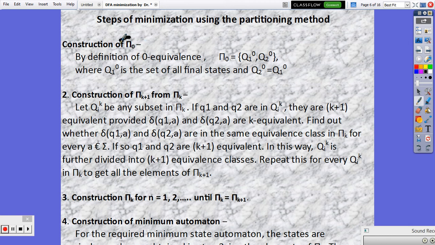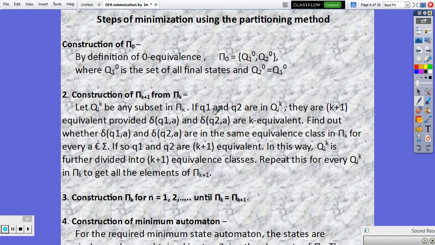This is the basic step, pi 0, and here we will find the 0 equivalence. Now that means in the first step we will simply identify two sets. One set is a set of final states and one set is a set of non-final states. So the first step is we are identifying a set of final states and set of non-final states.